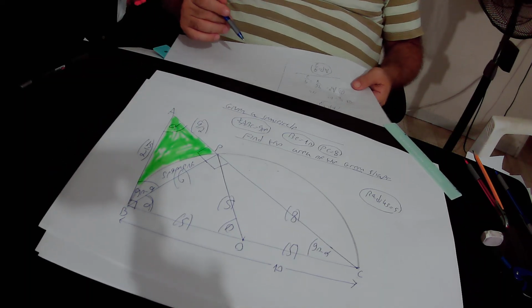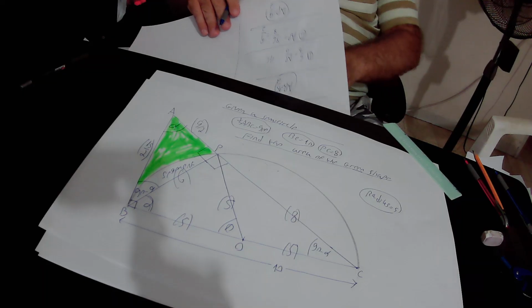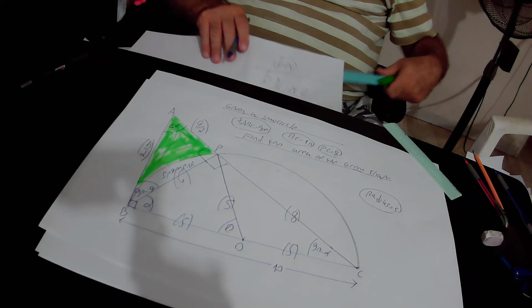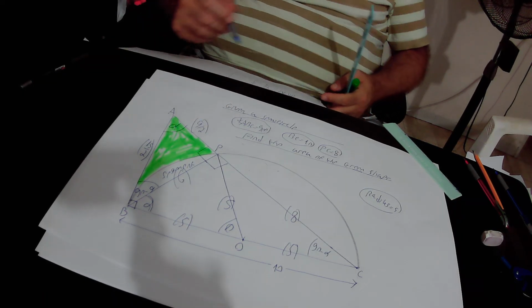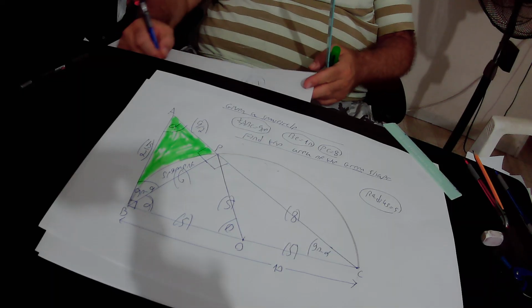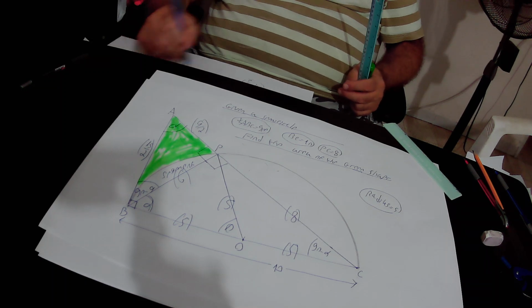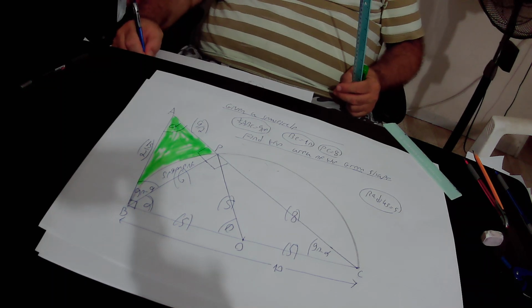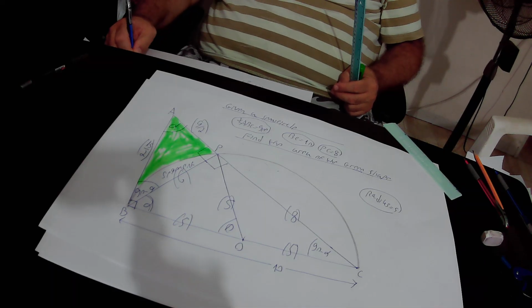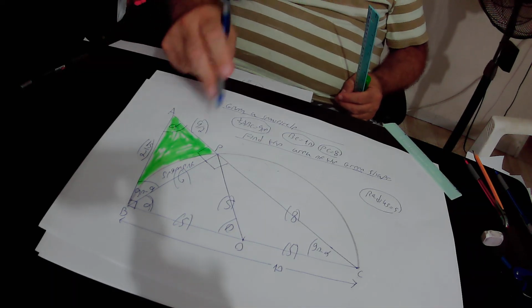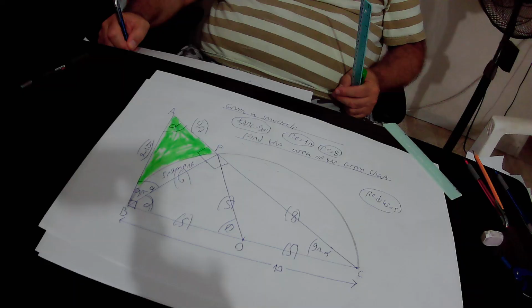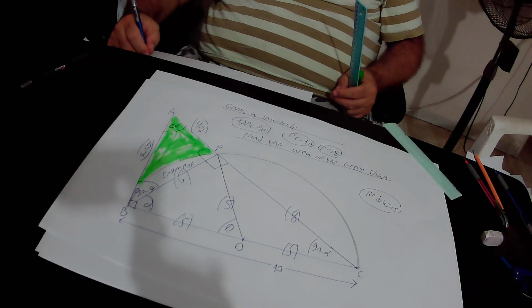According to the law of cosines, in this triangle BPO, cosine theta is equal to 5 squared plus 5 squared minus 6 squared over 2 times 5 times 5.